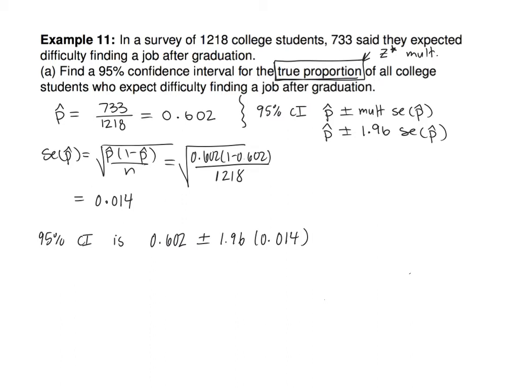And 0.602 minus 1.96 times 0.014 is 0.575, about. And the upper end is 0.629. So as percents, that's about 57.5% to 62.9%.